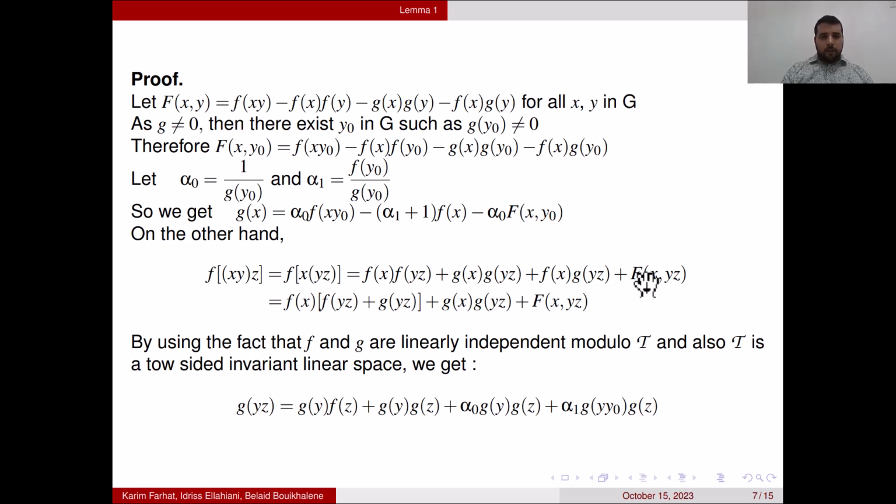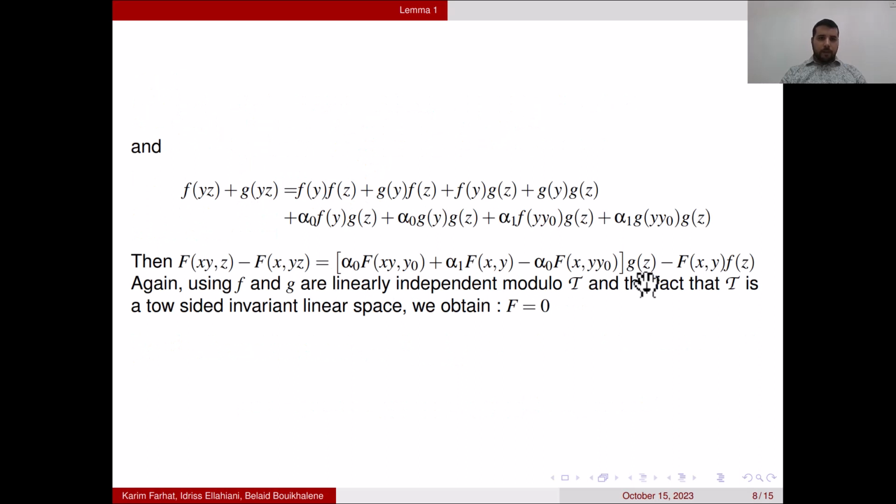On the other hand, using the commutativity of the semigroup G, we get this equality. And by using the fact that f and g are linearly independent modulo T, and also T is a two-sided invariant linear space, we get this form of g(yz). And also we get this equality.